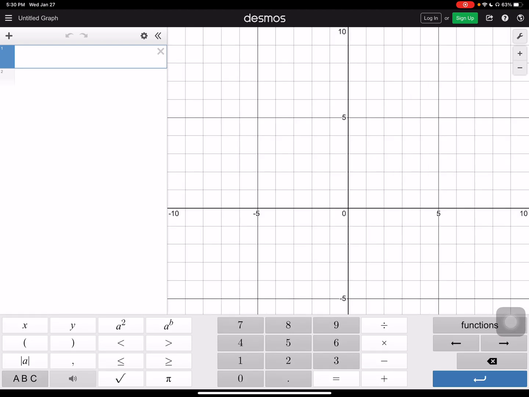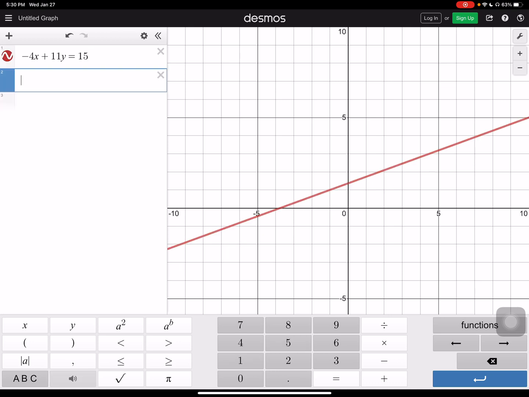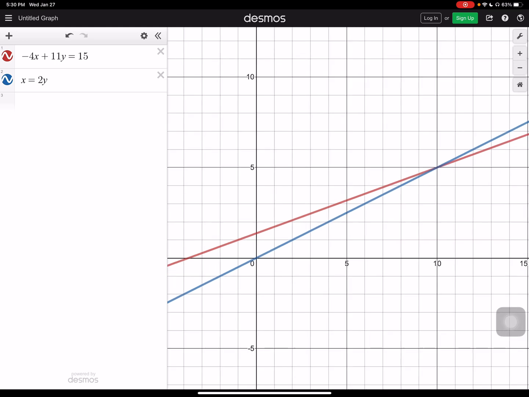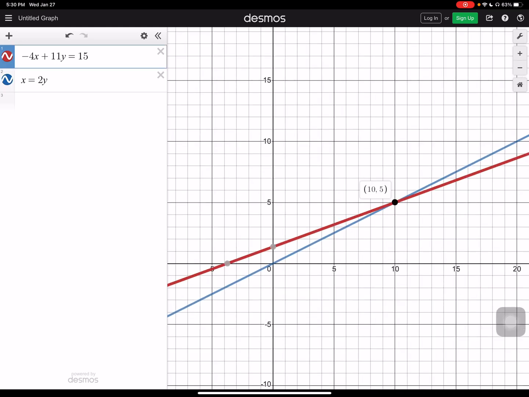We have negative 4x plus 11y equals 15, and we also have x equals 2y. These are two linear functions, they're just not written in y equals mx plus b form. You see here their point of intersection is at 10, 5.